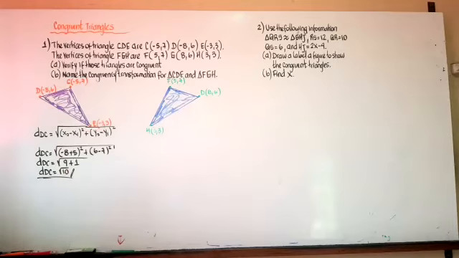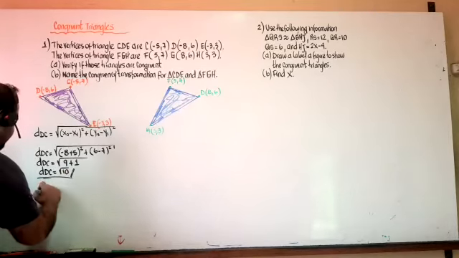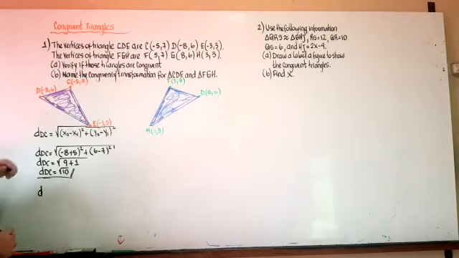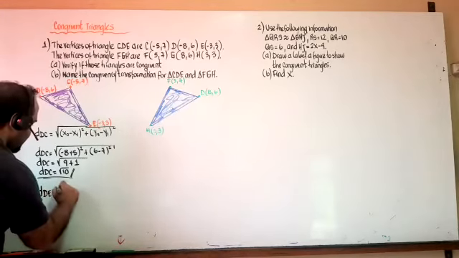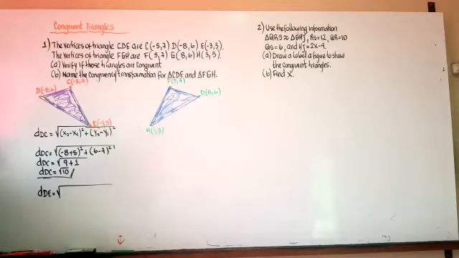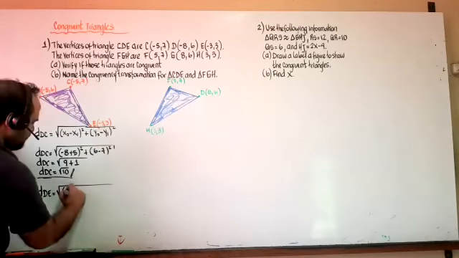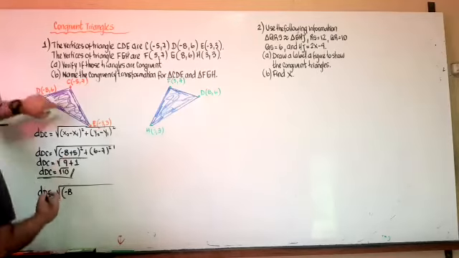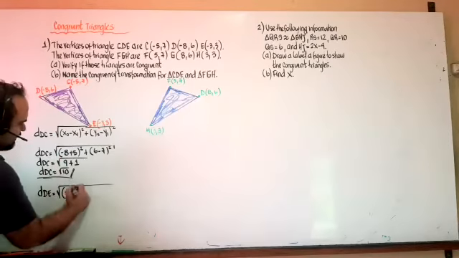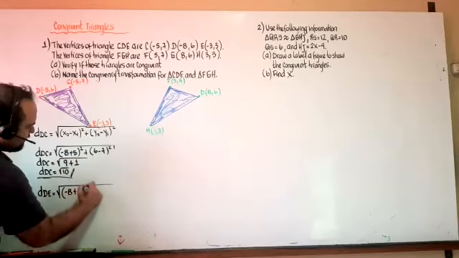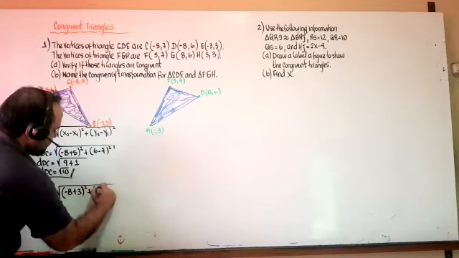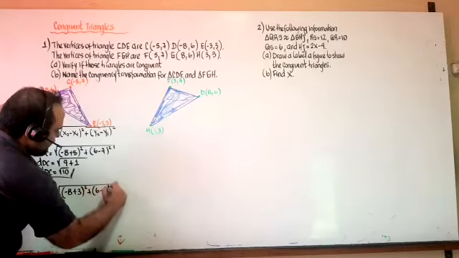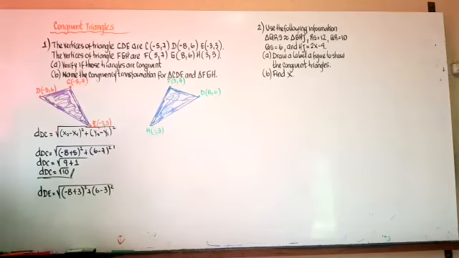The second one, we can calculate the distance between D and E. Applying the same formula, okay? We can say -8 plus 3, because negative times negative is positive, positive 3 second power, and plus 6 minus 3 second power.